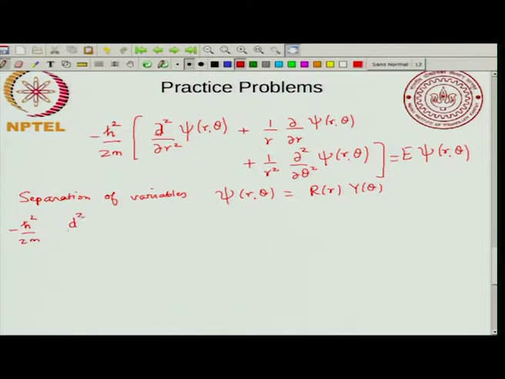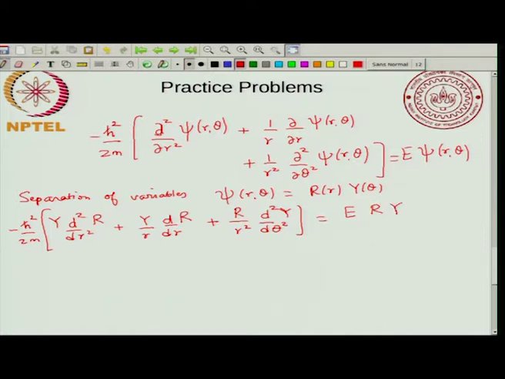Now, I will get d square by d r square of R, and you will have the Y outside, plus Y by r d by dr of R, and then you will get R by r square d square by d theta square of Y. Y is only a function of theta, and this should be equal to E times R times Y.